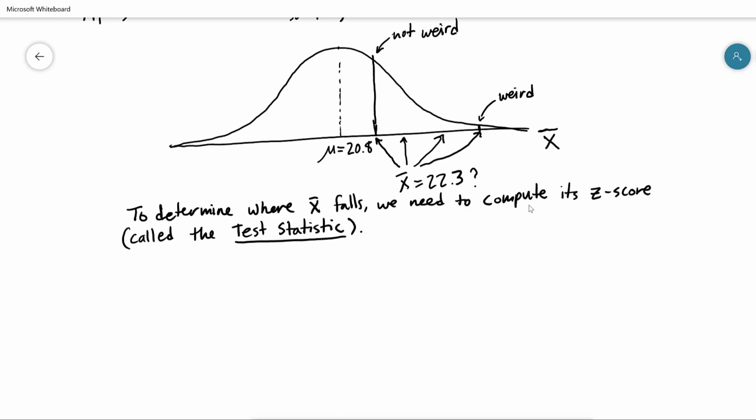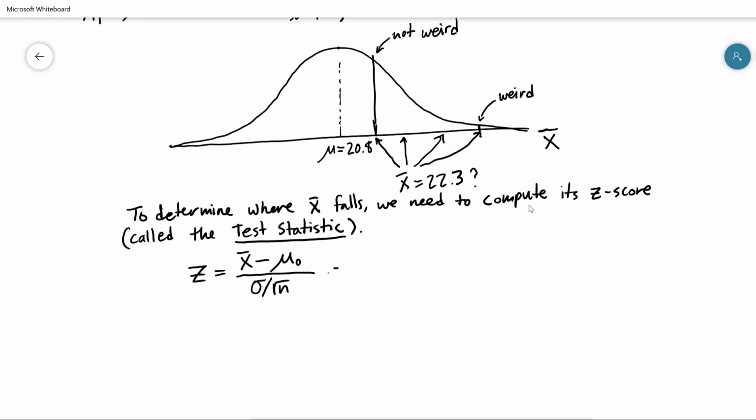Put that in parentheses there. And so that test statistic looks like this. We compute the z-score: we take the value that we just found, x bar, we subtract off the mean, which was the 20.8, so this is going to be mu 0, and we divide by the standard deviation, which for this is the standard error, sigma over the square root of n. So here's our formula for this thing.